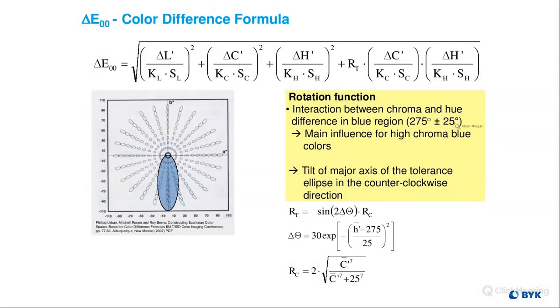So we can see the interaction between chroma and hue in the blue region from 275 degrees plus or minus 25. That's this region here that tilts it. So its main influence is for high chroma blue color. If we have a high chromatic blue color, this is the shape of our visual tolerance rather than the regular visual tolerance for other colors.